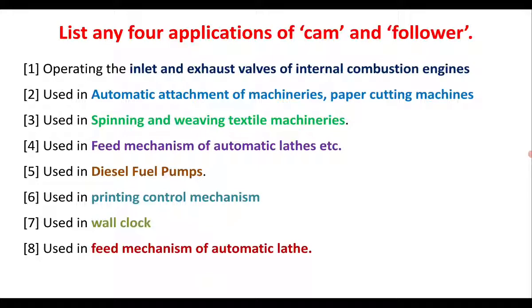When the fuel comes inside the internal combustion engine through inlet valve, at that moment exhaust valve remains closed, and after the combustion of fuel, whatever exhaust gases formed come out through the exhaust valve when it opens, and in that case inlet valve remains closed.